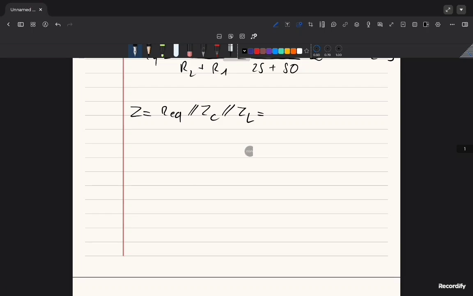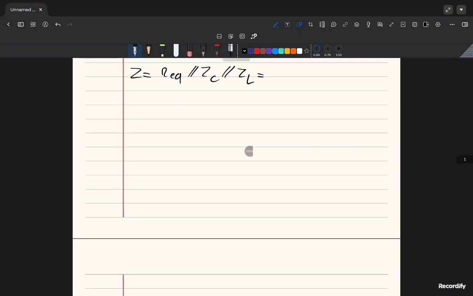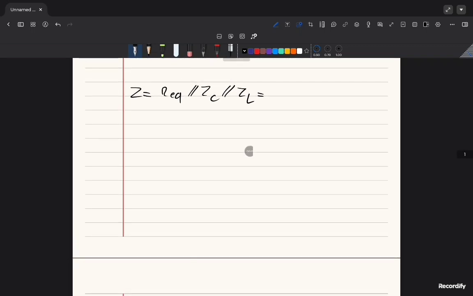Before we continue any deeper, let us simplify a little bit, starting with ZC in parallel with ZL.